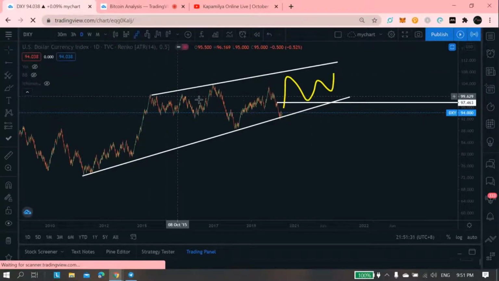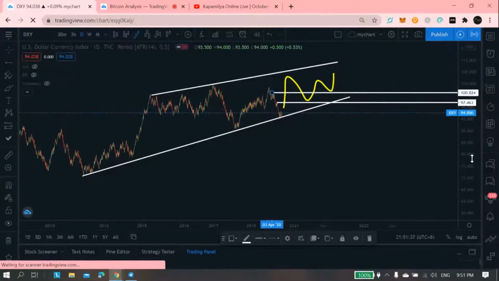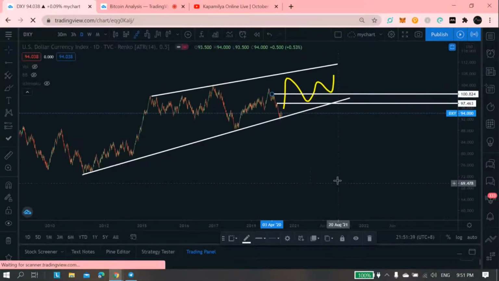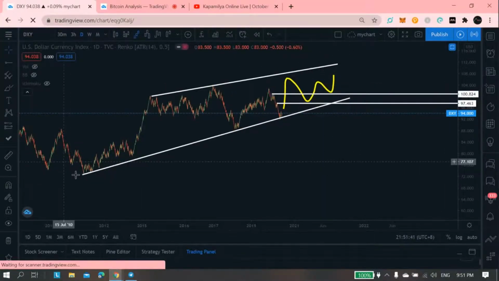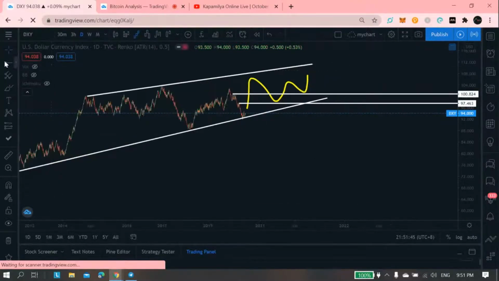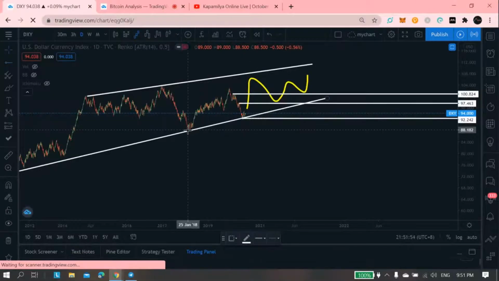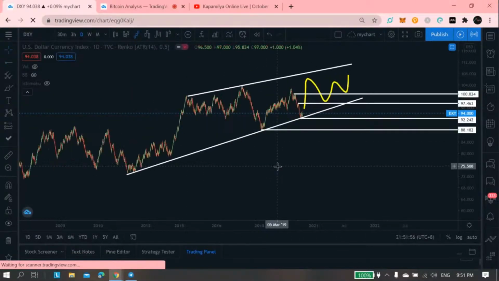And then this one, the 100 area. And of course, the support, the 92 area. Worst case, if it breaks this area, possibly the 88 area.